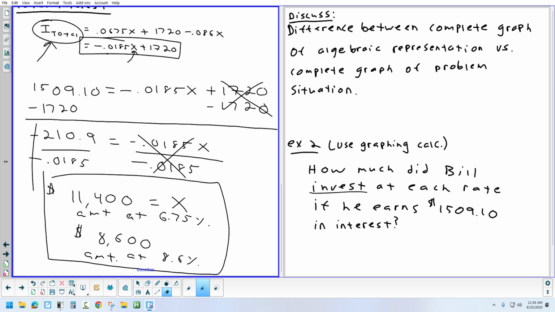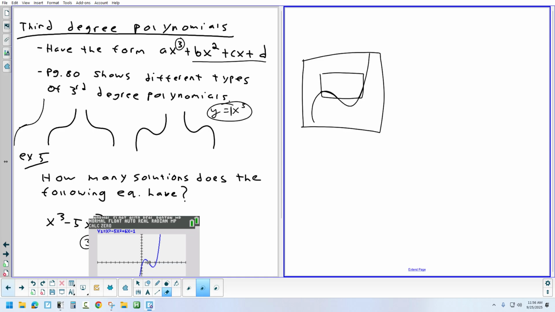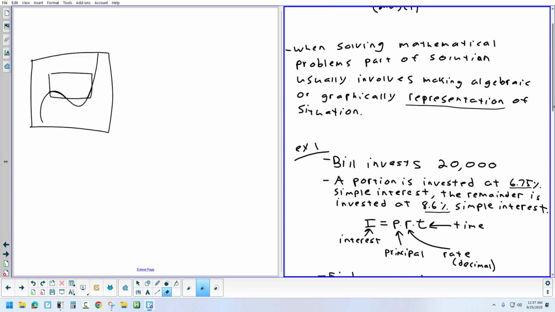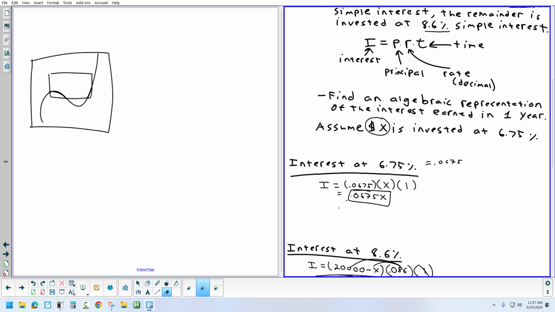Yes, this represents both combined, but x, the variable, only represents the amount invested at 6.75%. Oh, only invested in one. Right. And that's what we defined at the very beginning. X is only the amount invested at 6.75.